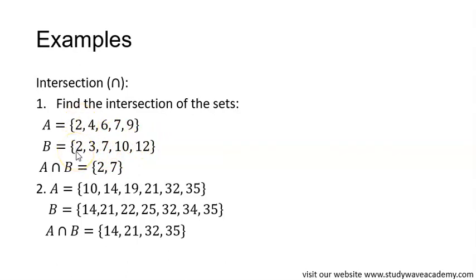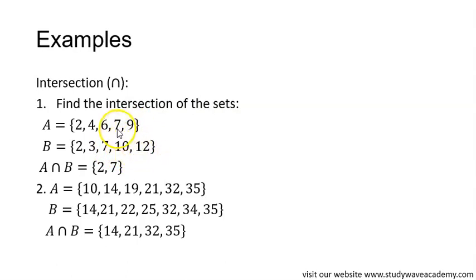So 2 is common. Set A has 4. Does set B have 4? No, so 4 is not common. Set A has 6. Does set B have 6? No. Set A has 7. Does set B have 7? Yes, so 7 is common. Set A has 9. Does set B have 9? No. Set A doesn't have 10 and set A doesn't have 12.